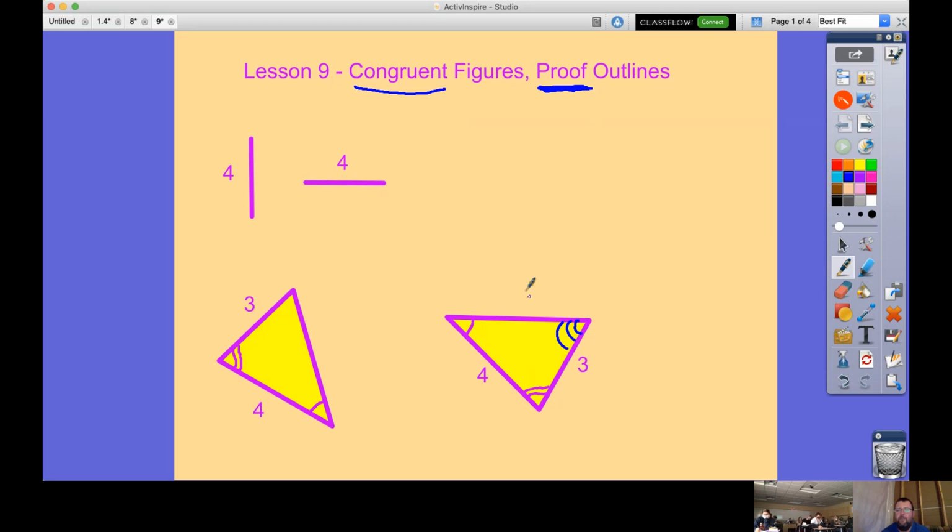When we know those two sides, well, we can figure out that this side here is also going to be equivalent to this side here. We just don't know enough to be able to say what those are. But these two triangles would also be congruent. The same thing though, does not mean that they're equal. Doesn't have to be equal, but they are geometrically equivalent, which is what congruent means.